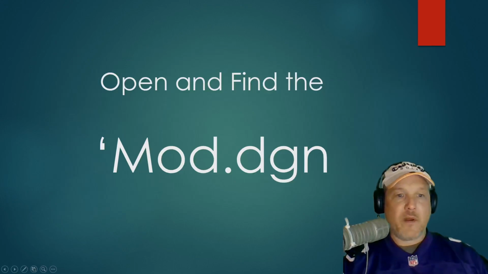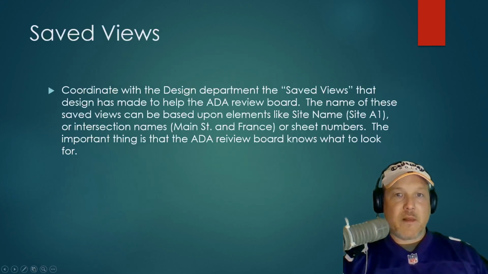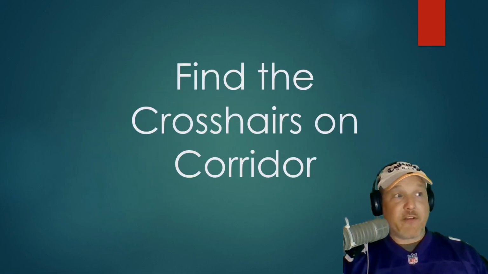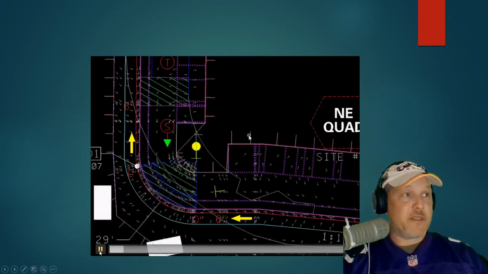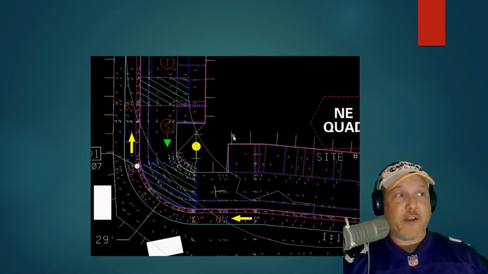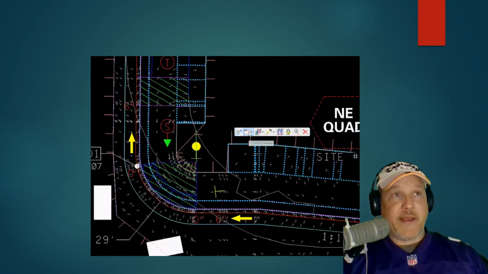Here we go. It's called Find the Crosshairs on the Corridor, and I made a little video for this, which I can demonstrate by pressing play. Those are the crosshairs you're going to be looking for that are paramount to each corridor, and there are tools associated with that.